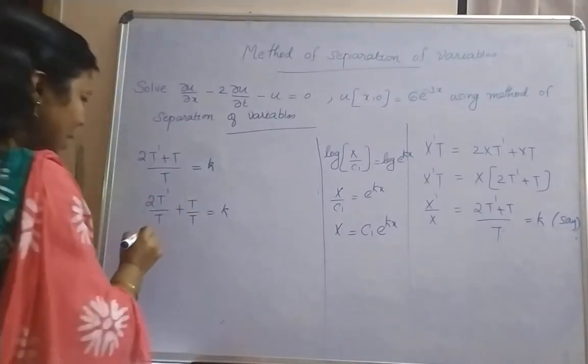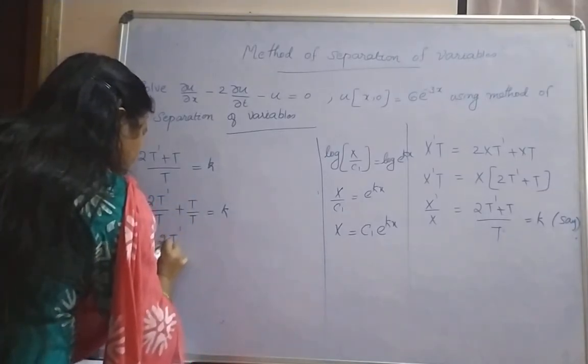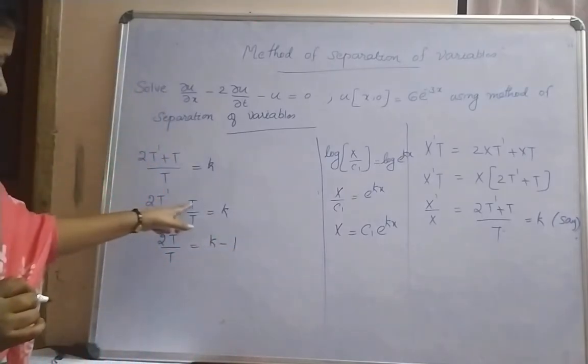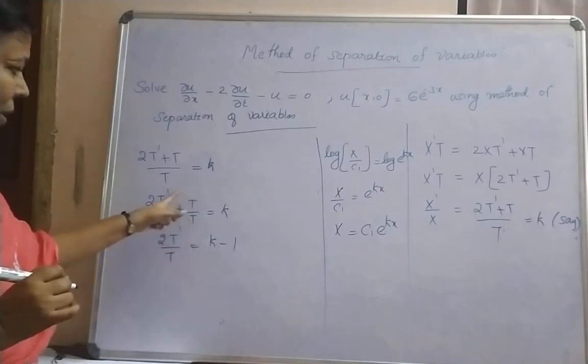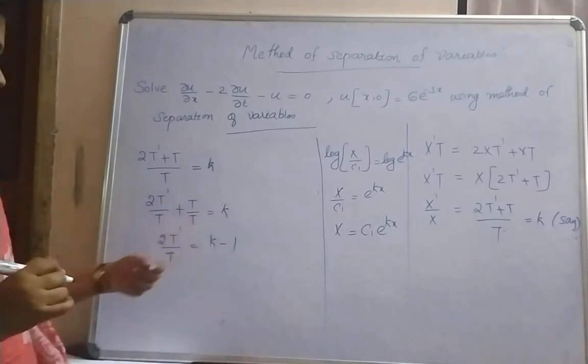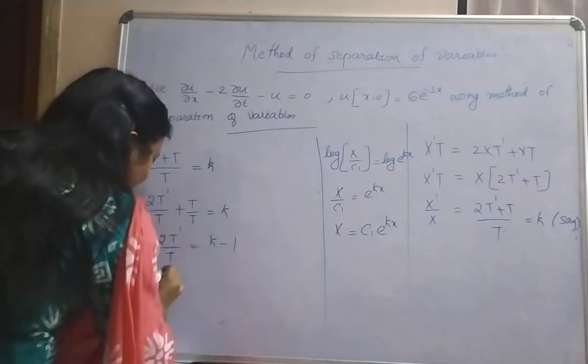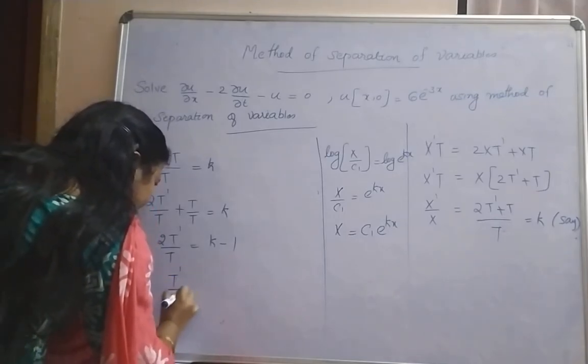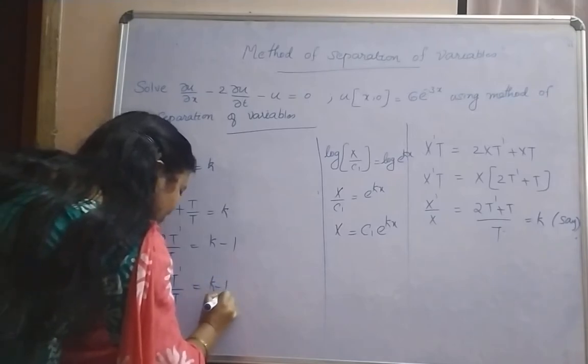This T/T is 1. Therefore, 2T'/T equal to k minus 1. This 1 can be taken to the right side, then it will be k minus 1. Then T'/T equal to (k minus 1)/2.